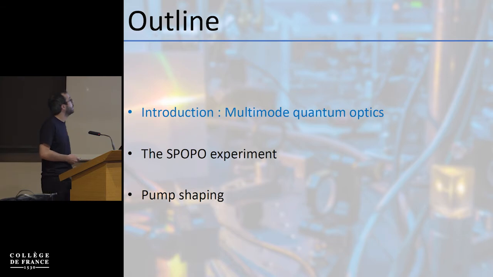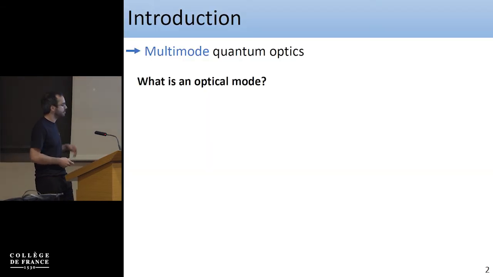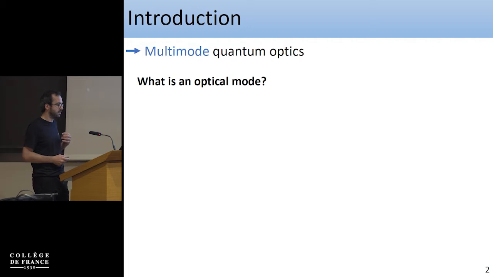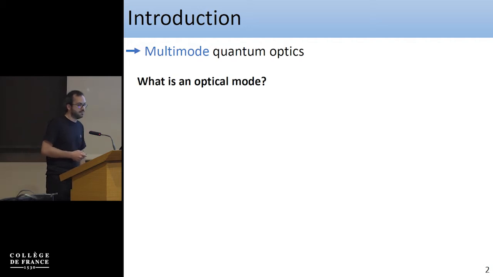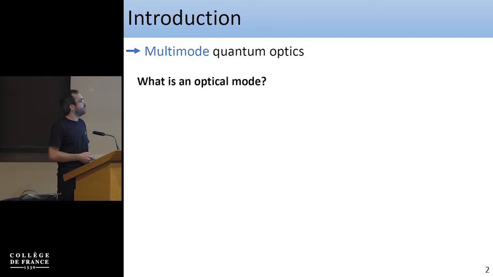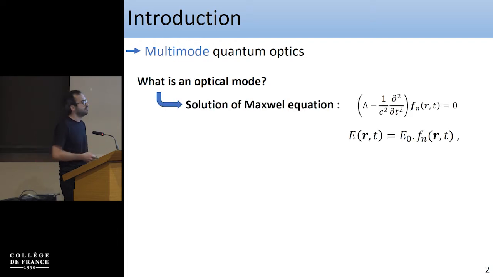So first, the introduction. To explain what multimode quantum optics is, I'm going to define each word of this sentence. First, multimode. If I want to speak about multimode, first I have to define what a mode is. I think you all know the Maxwell equation.